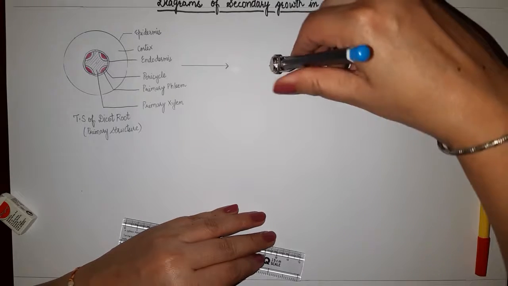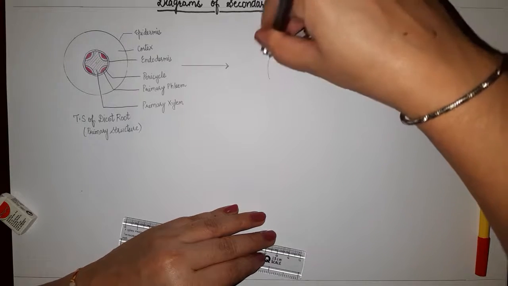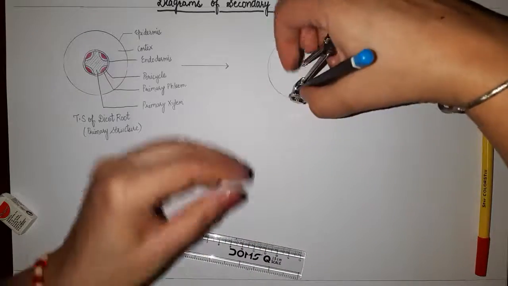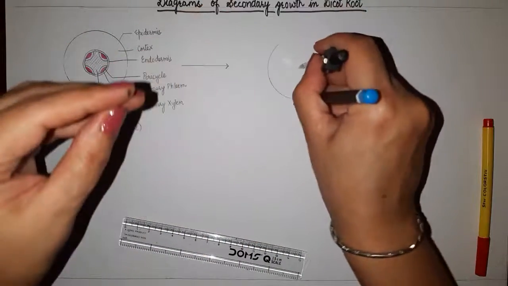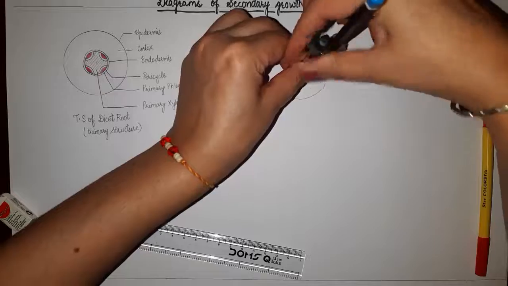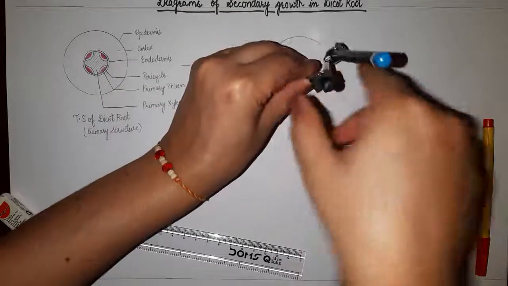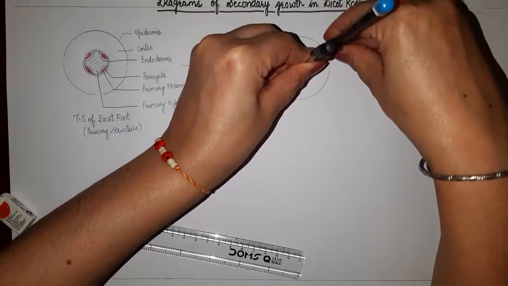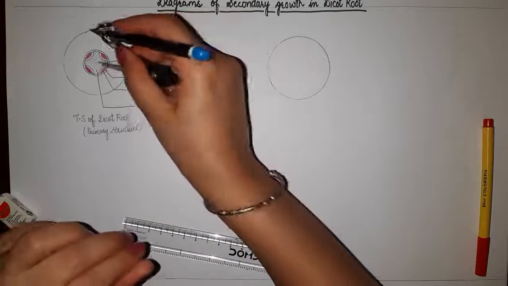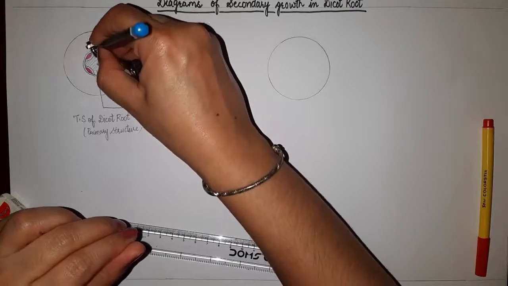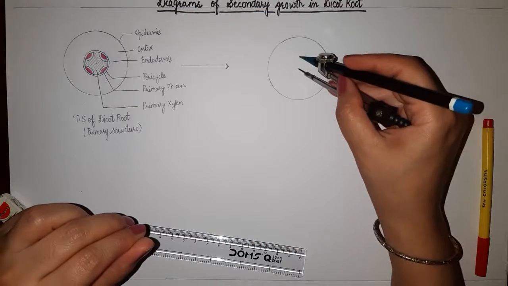Again, draw a circle, and of the same size, the smaller one.